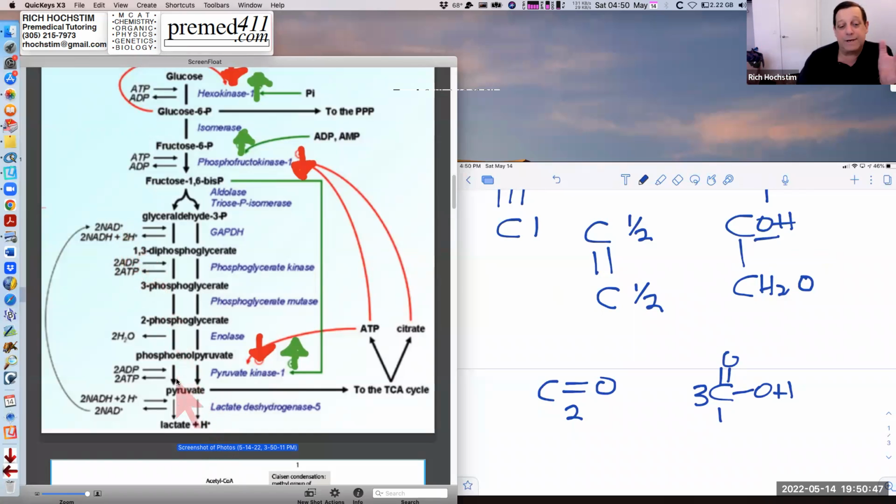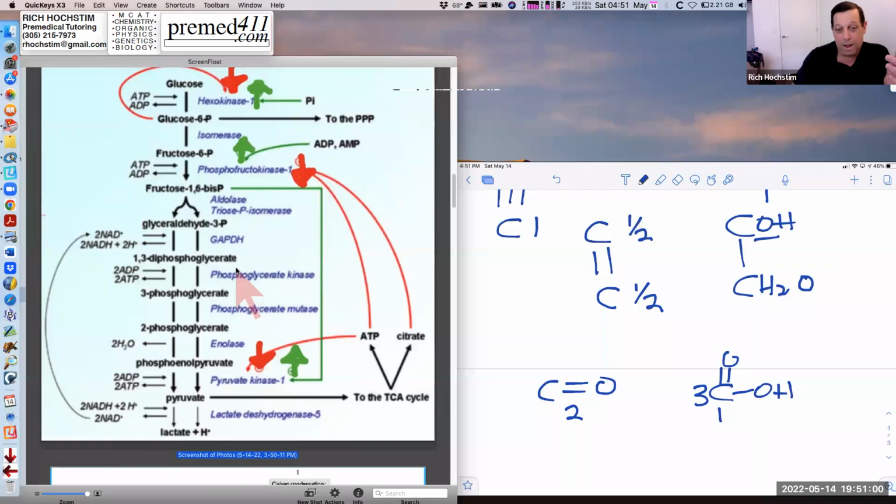So what happens is fermentation takes pyruvate, turns it into lactate, and produces NAD+, which can then be used to continue the process of glycolysis.